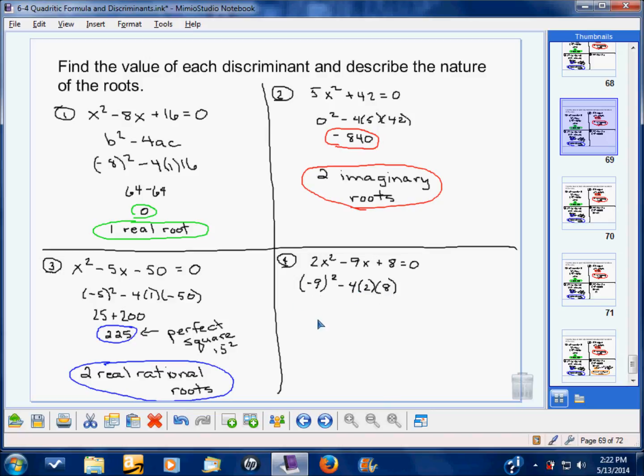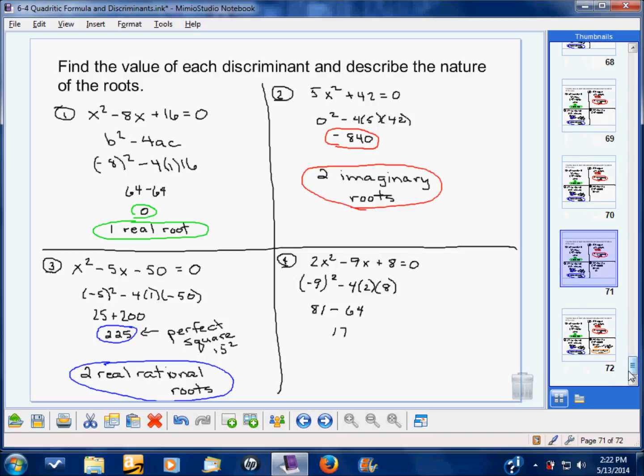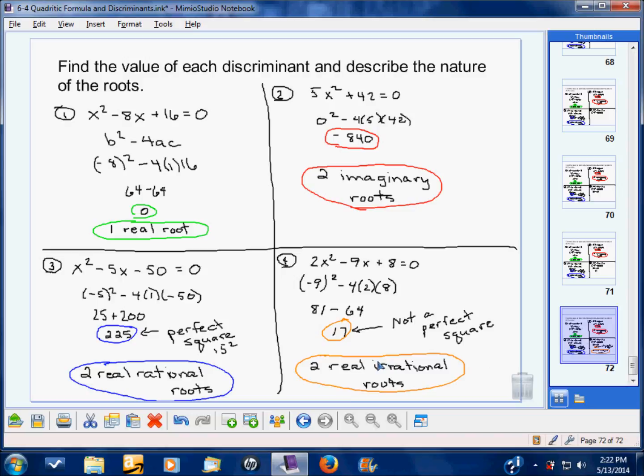We evaluate this, 81 minus 64 gives us 17, which is not a perfect square, but it is the discriminant, so that's half of our answer. The other half of the answer is 2 real irrational. Because it's not a perfect square, you have 2 real irrational roots.